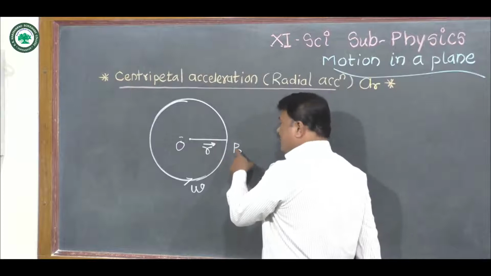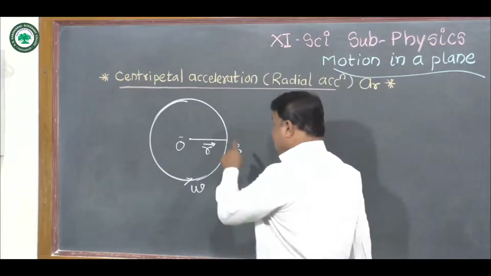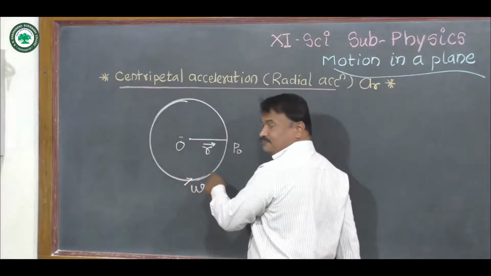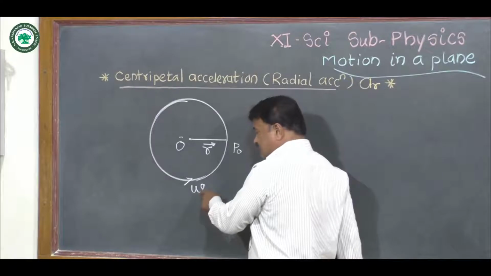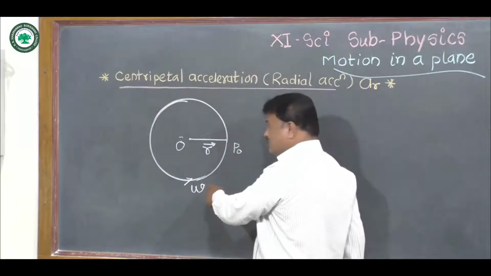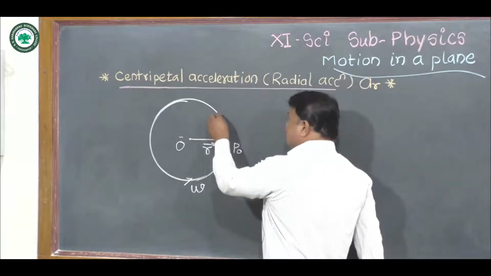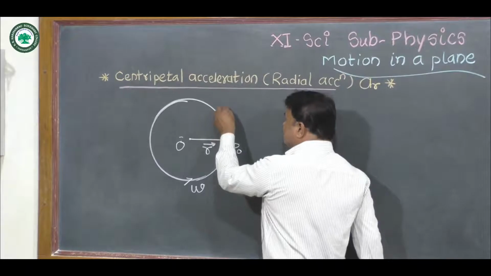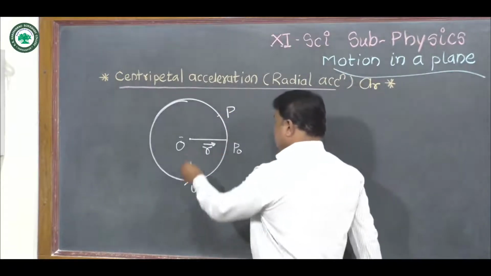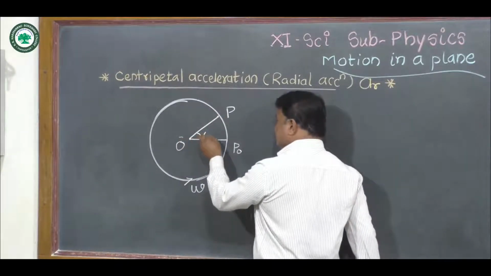Initially, the position of the particle is P0. This particle revolves along the circumference of a circle in an anti-clockwise sense with constant angular speed omega. After some time, the particle reaches a new position, say P, making an angle theta with the horizontal.